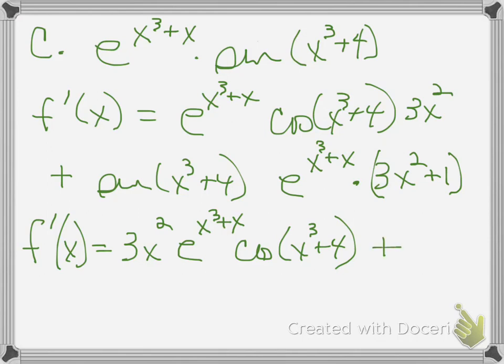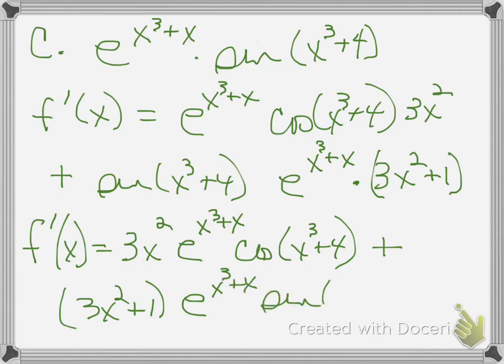And then plus, I'm going to write this in the second line. I would again bring the (3x squared plus 1). Remember the parentheses, that's critical. And then I probably would put the e to the (x cubed plus x) next, and then I would have the sine of (x cubed plus 4). So that's my final answer for C. So let's go on to D.